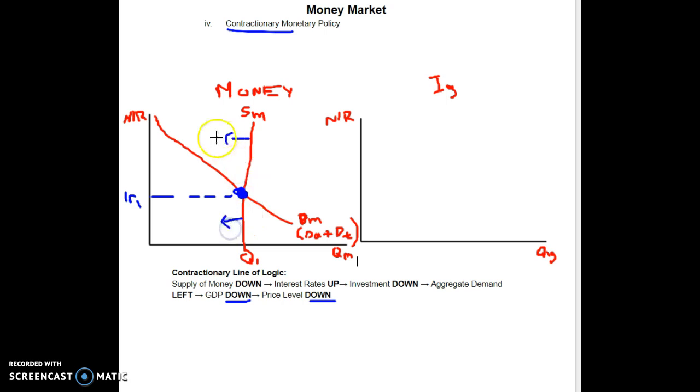They decrease the supply of money in one of three ways. Either they sell bonds. By selling bonds, they put bonds into the market and take money out of the market. So people give them money, that goes out of the market, they get bonds in return. That's a transaction. So the quantity of money in the market falls.